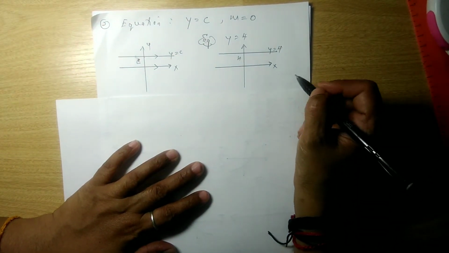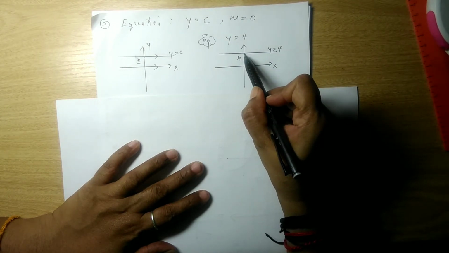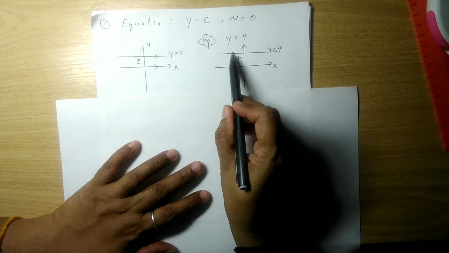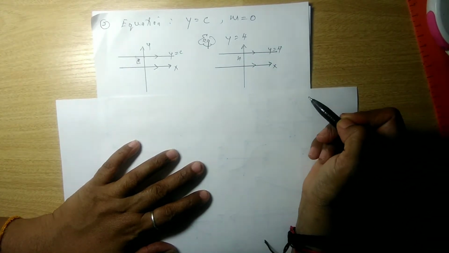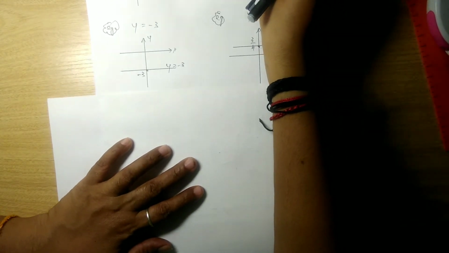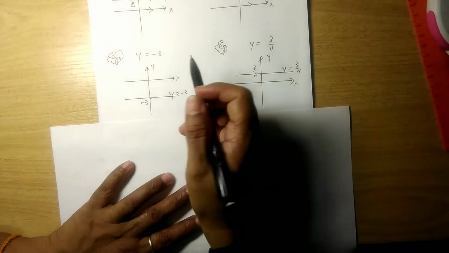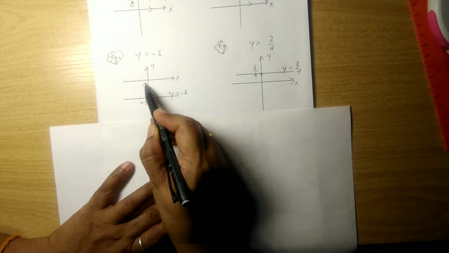For example, let's say you've got y = 4. That means at the value 4 on your y-axis, you just mark 4 and then draw a line which is horizontal and parallel to your x-axis. Same thing here: when y = negative 3, this is your x-axis, origin here, so negative 3 is here.